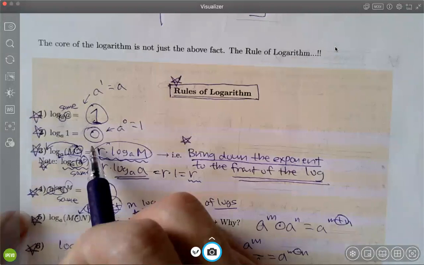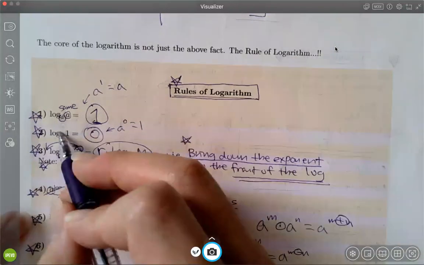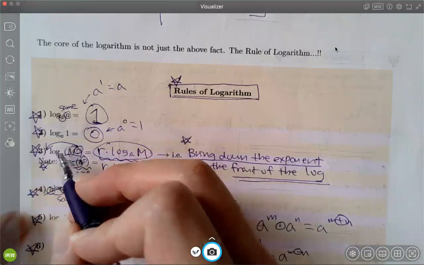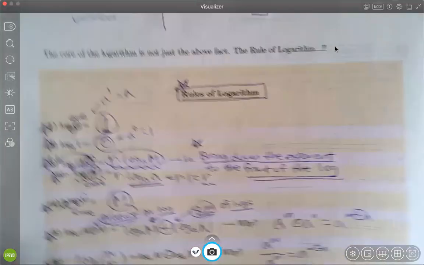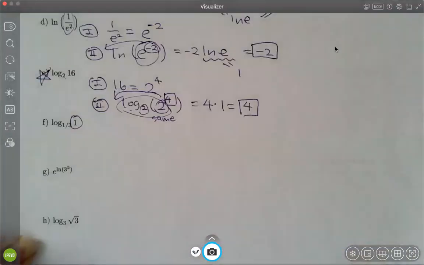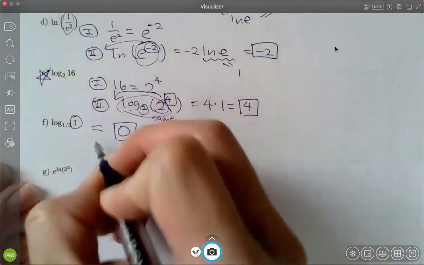This base a can be any positive number other than 1. It could be 1/3, or it could be the square root of 2. All that matters is this number, and the answer is 0. This is due to rule number 2.